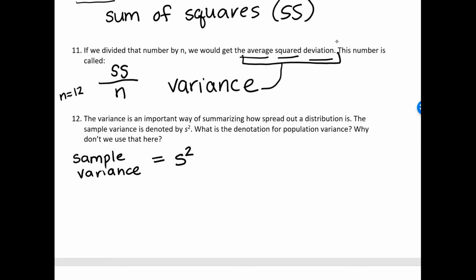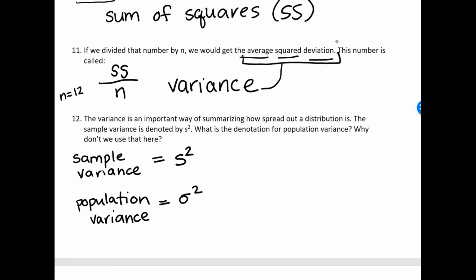It's important to know that there is the sample variance, what we've got here, which is calculated based only on a sample of data. But we can also have the population variance. And this is where it starts getting back to all those symbols and the difference between the symbols. For the population variance, we use sigma squared.